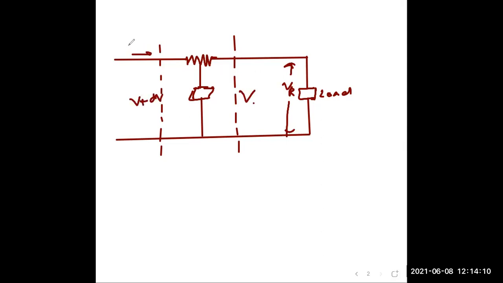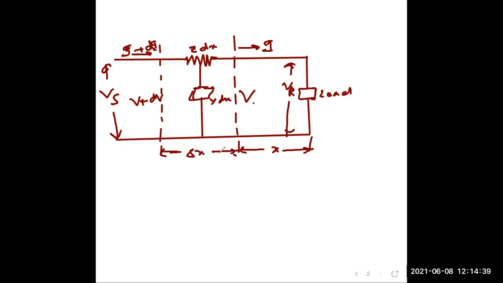The current entering this section is I plus dI, and the current leaving this section is I. This is your Z into dx, and this is your Y into dx, the shunt parameter, and this is your Vs. This is at a distance x from the receiving end, and this section is your delta x. Is the circuit diagram clear? Any doubt on the circuit diagram?